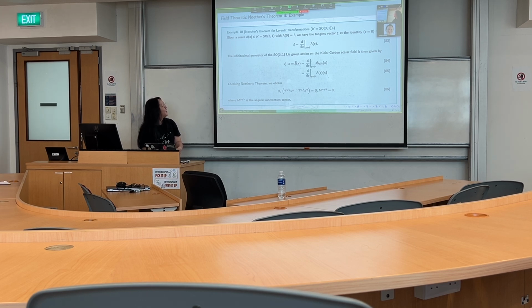Instead of just angular momentum, what would we have? It's the total orbital plus spin. Yeah, we would get the total orbital and spin angular momentum.